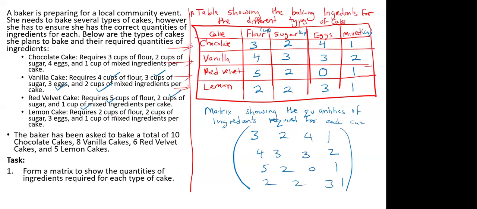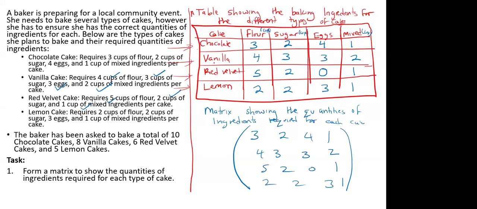Okay, Angel? Teacher, I just wanted to clarify something about the different formats. If you use a 4x4 and a 4x1 format, you get a different answer. The reason is the way we have arranged it: for that one, you are finding the number of chocolate cakes that are going to come out.